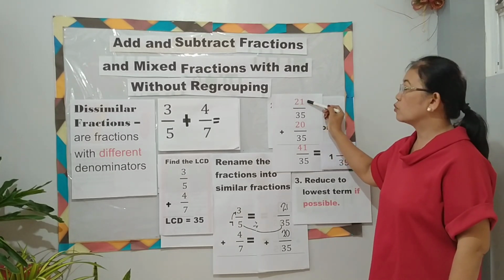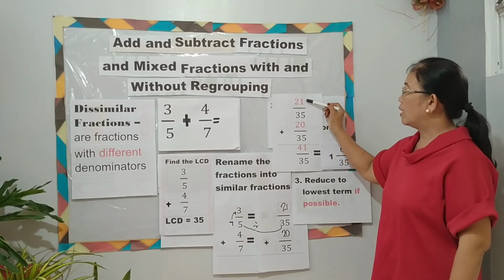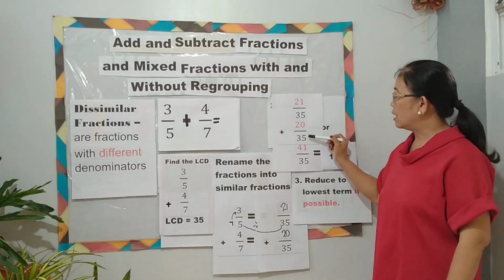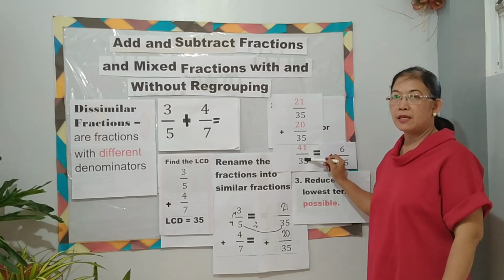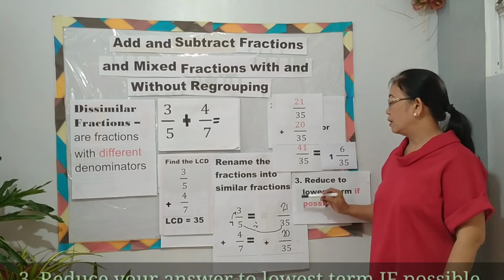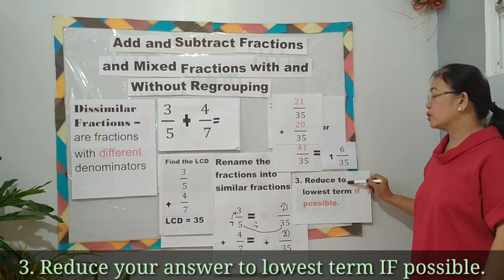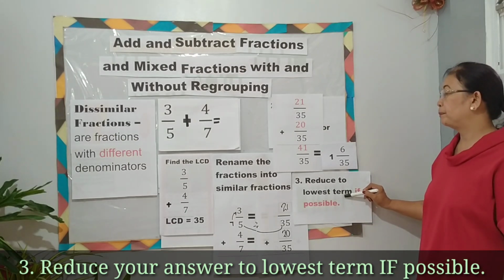All you have to do is to add their numerators. So 21 plus 20 is 41. Then just copy the same denominator. Then after that, we are going to reduce our answer to lowest term if possible.